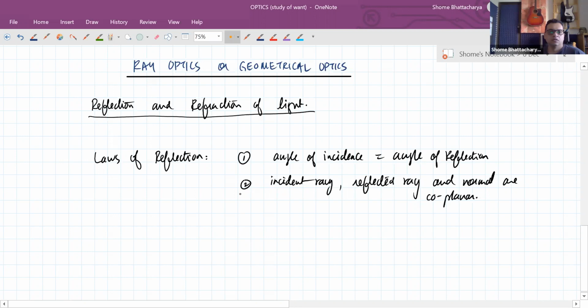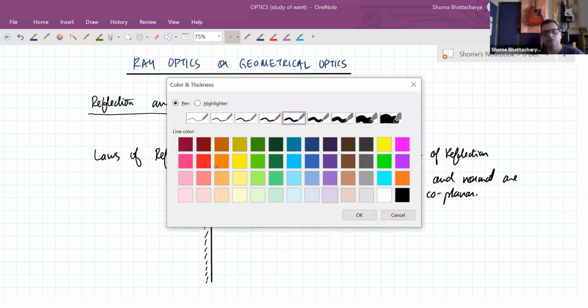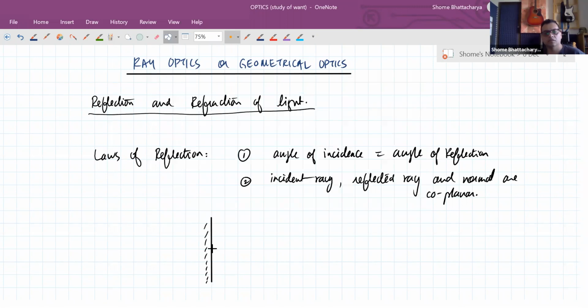Okay. So this can be visually depicted by, if you're talking about reflection at a plane surface or what is called a plane mirror, and we have a ray of light which is incident like this.